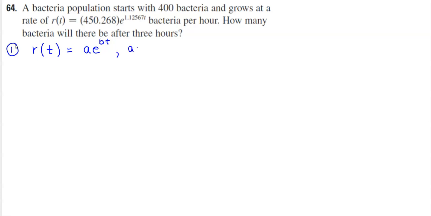Well, a is given to be 450.268, and the value of b is equal to 1.12567. And we also know that n of t is going to be the population after t hours.